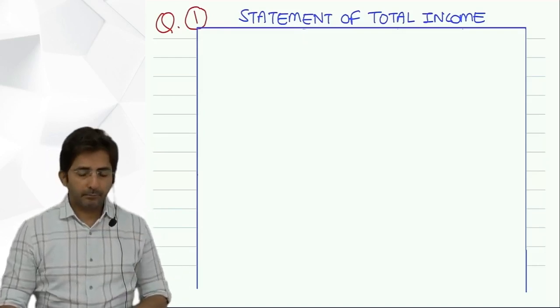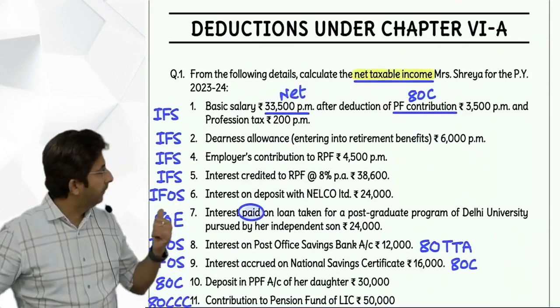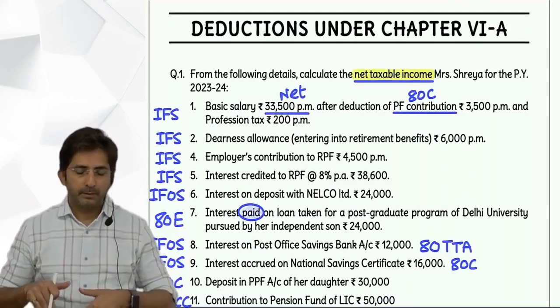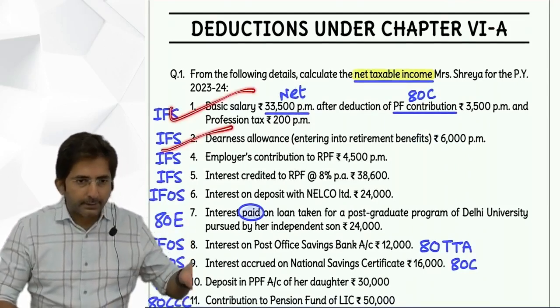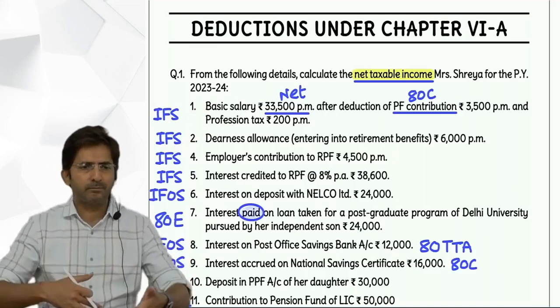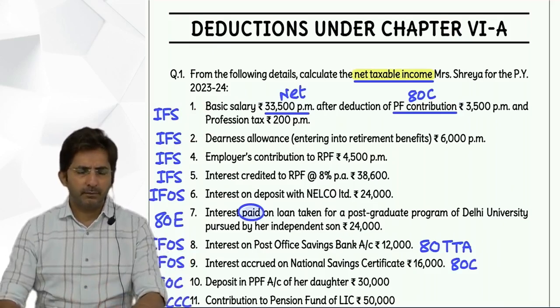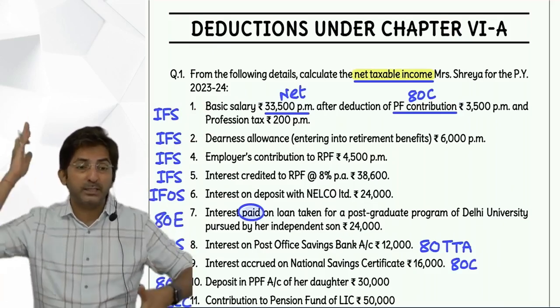Now tell me, what do I always say when you are solving the sum? Don't go as per the sum. Go as per system. Many students, what they do, where to write basic salary, where to write DA. See, the sum is given in a mixed form. Suddenly salary, then income from others, so then ATC. But we have to go in a systematic manner. That's why I say don't go as per sum, go as per system.